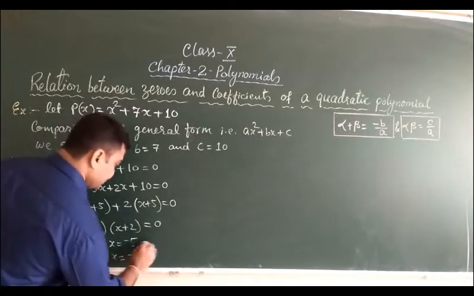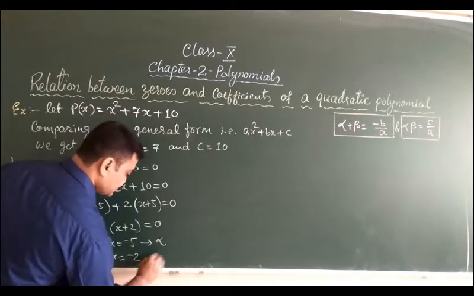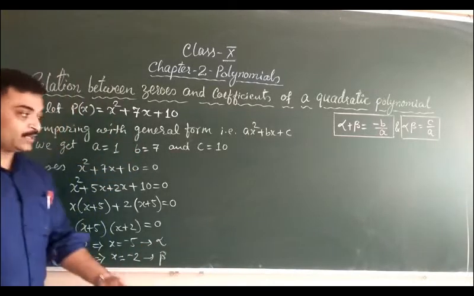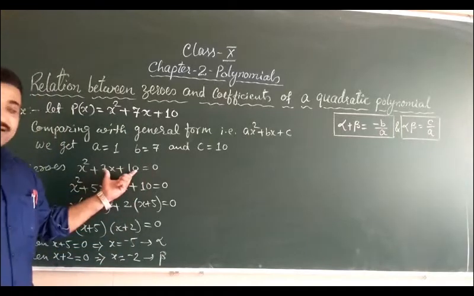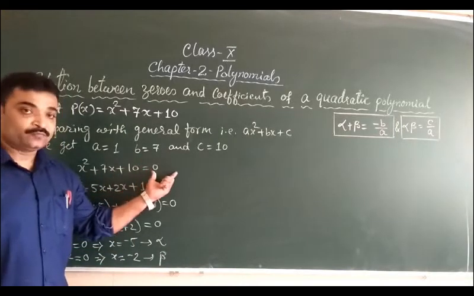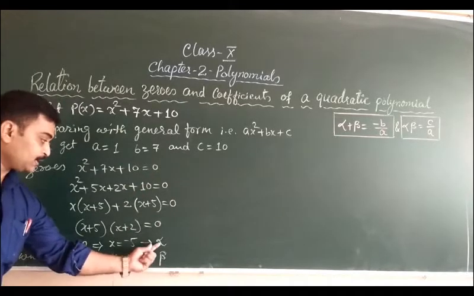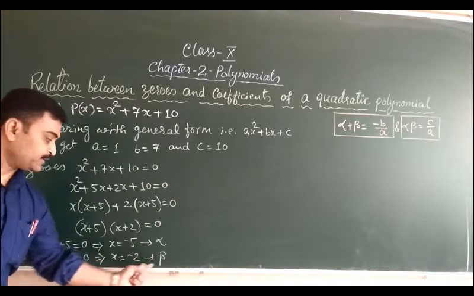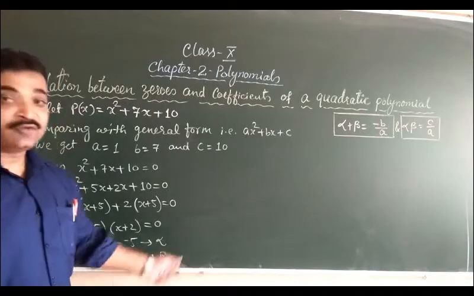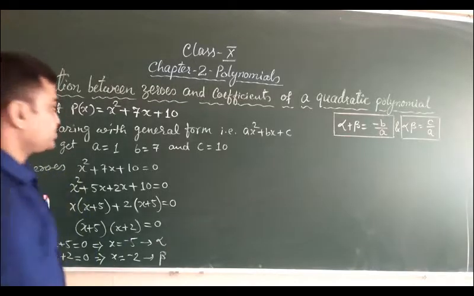Let us take it as alpha and it as beta. After equating the given polynomial with 0, we get the two zeros, alpha and beta, and alpha is equal to minus 5 and beta is equal to minus 2. Now we are going to verify the relationship.